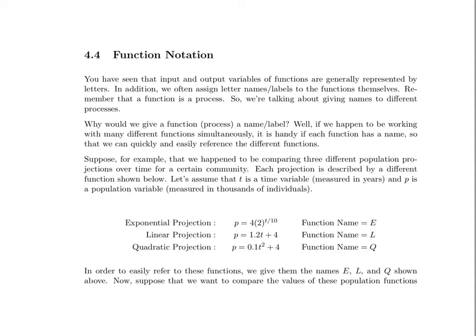We'll assume that t is a time variable measured in years, and p is a population variable that measures people in thousands of individuals. So you can see here we have 3 functions, and all 3 functions use the letter t for the input, and they use the letter p for the output.